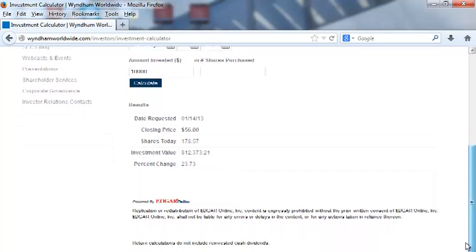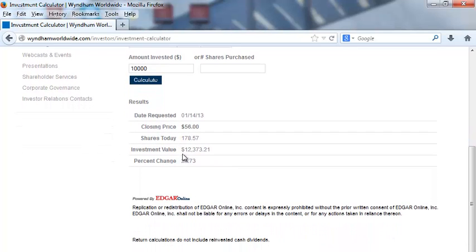The calculator determines that $10,000 has grown to $12,373.21 for a gain of 23.73%.